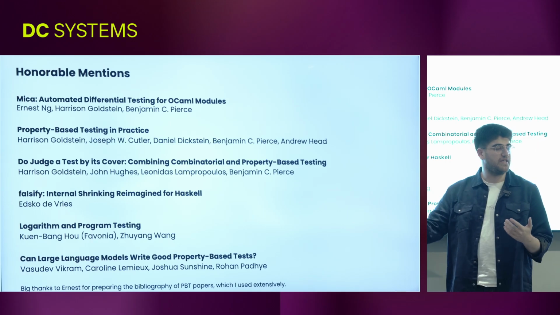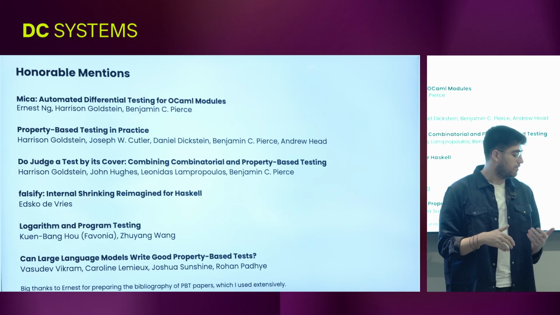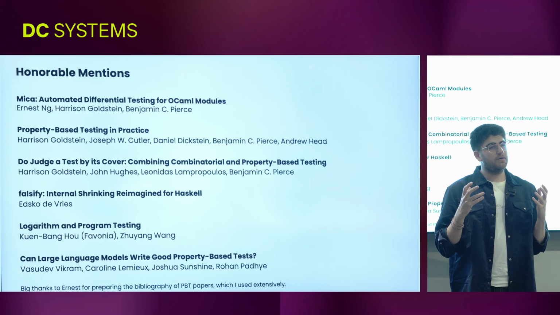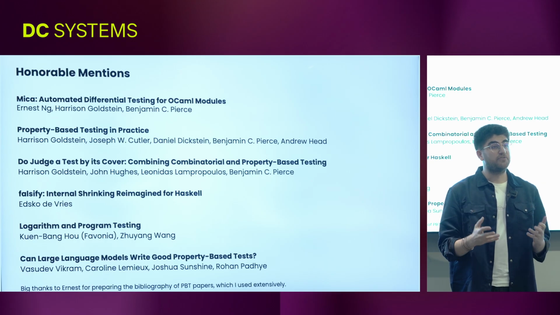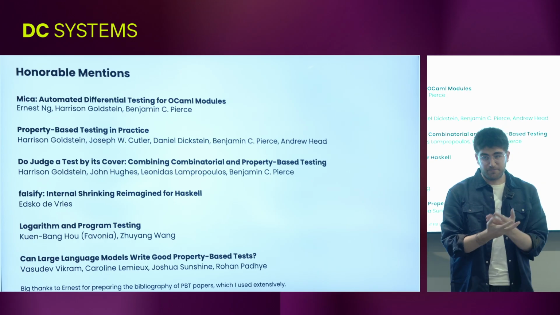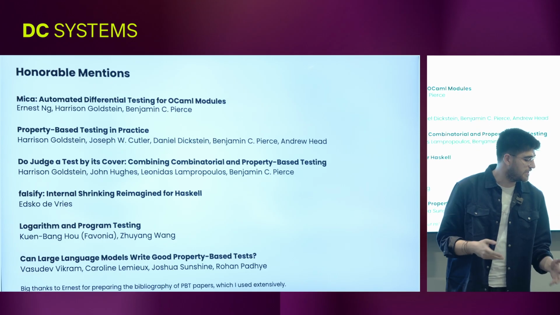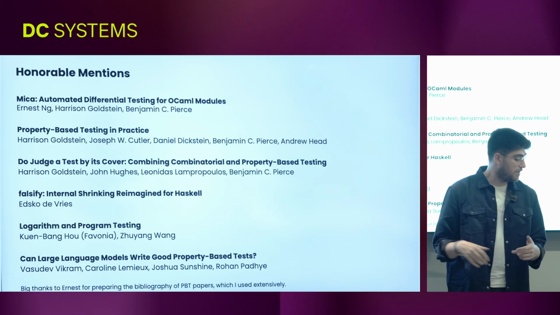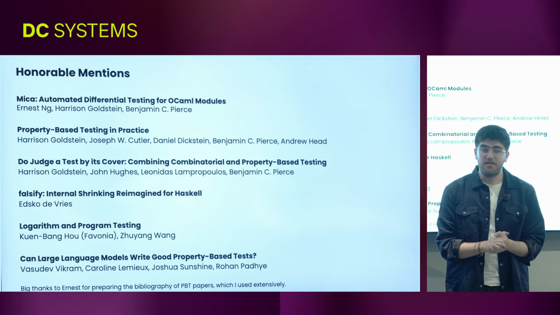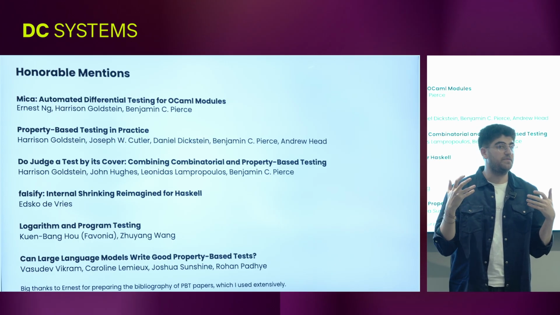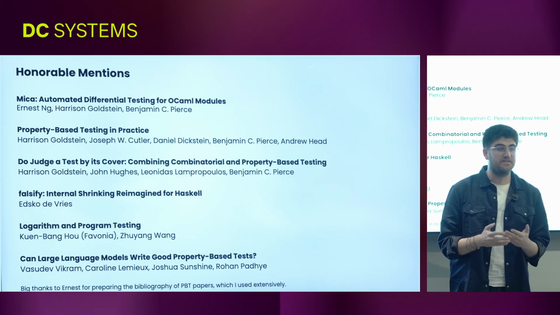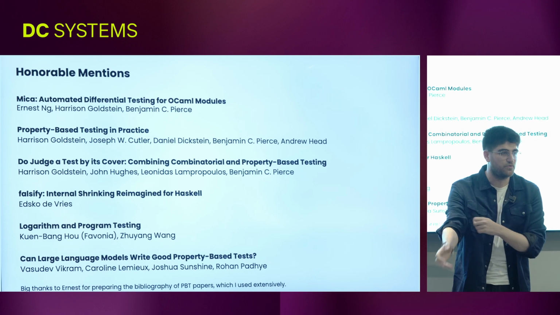And in Do Judge the Test by Cover, again, Harry and Leo are investigating if we can run fewer tests with more diversity using combinatorial techniques in order to get better inputs faster. In Falsify, we see that external shrinking is not the only type of shrinking that you want.